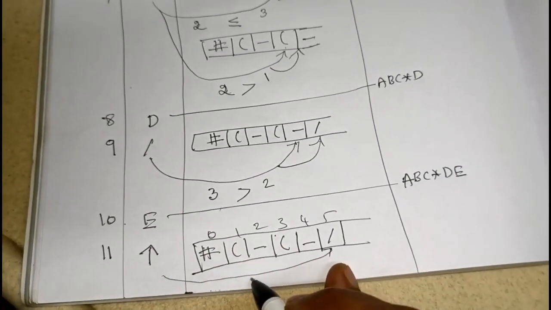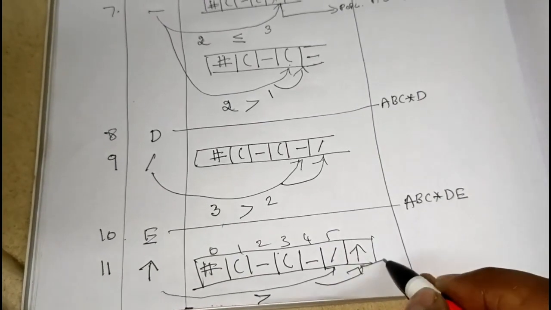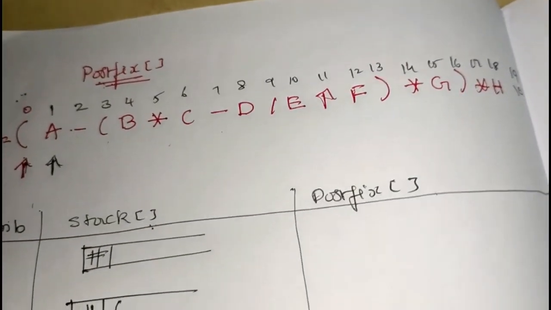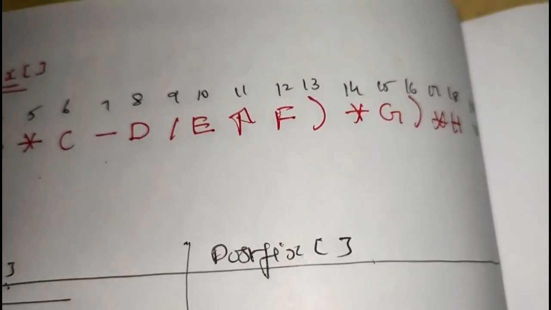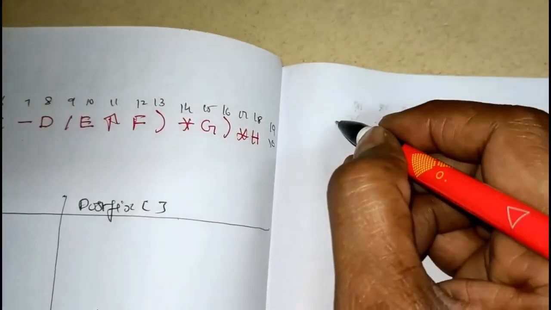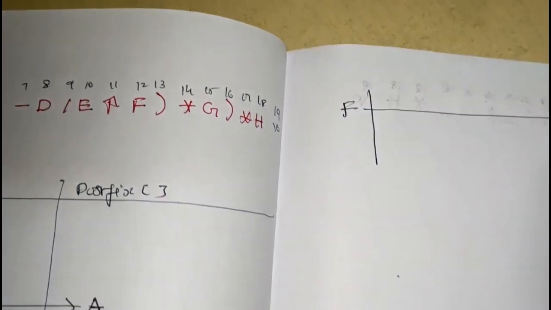So power has always greater. So directly you are going to push it into the stack. So now coming to after cap, what we have is F. So F directly we are going to store.